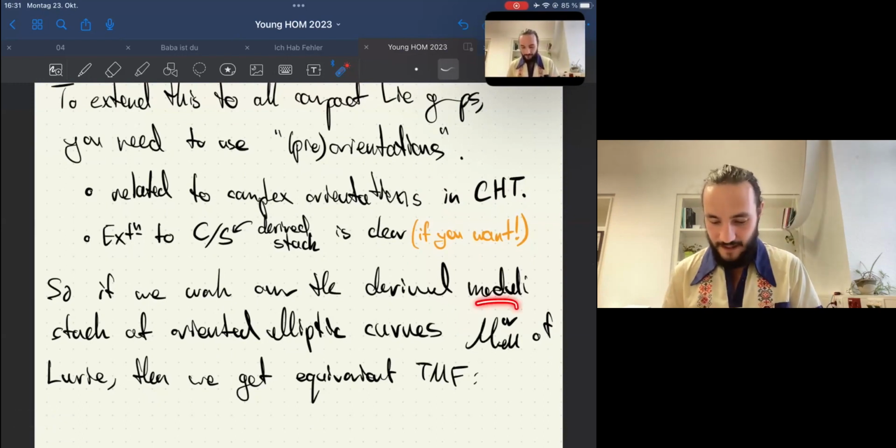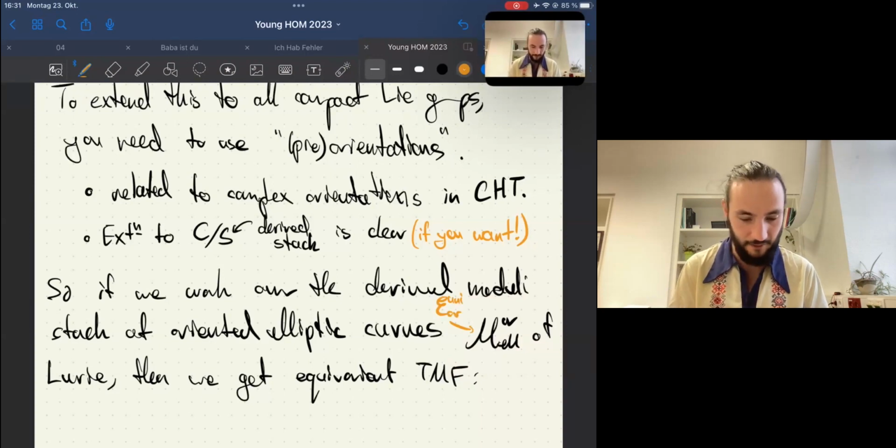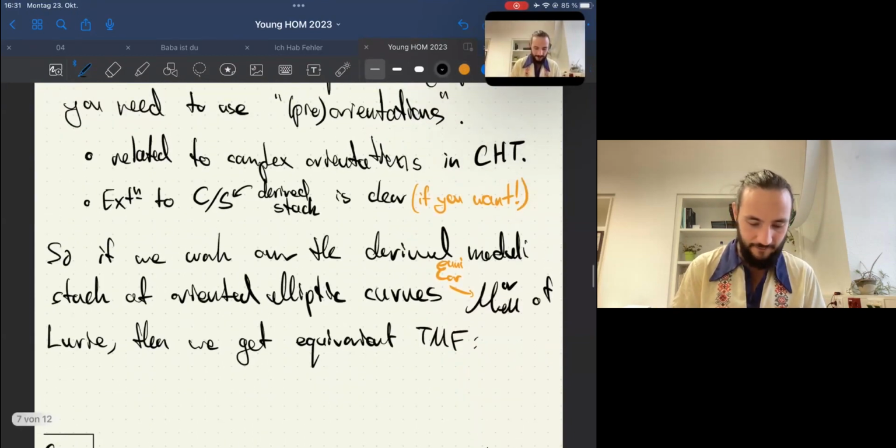It, of course, comes with a tautological elliptic curve living over it, the universal oriented elliptic curve. And we can now just define equivariant TMF.